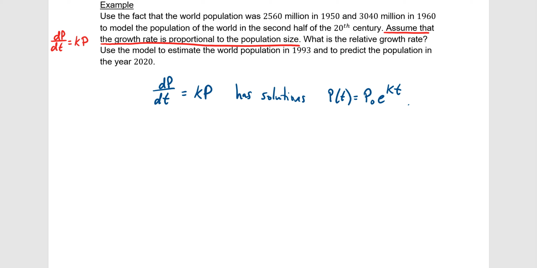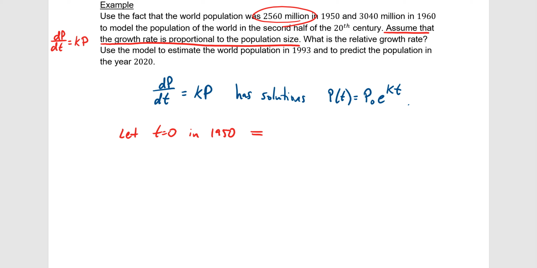Okay, let's figure out now what our variables are going to be. So we're going to have t be in years because that's what we're dealing with. And since we're beginning in 1950 with our data, we're going to have that be time is 0. That's our starting point. So when time is 0, the population is 2,560 million.